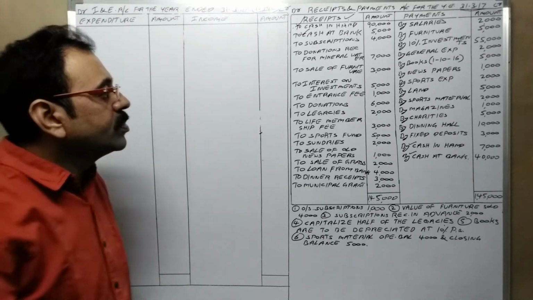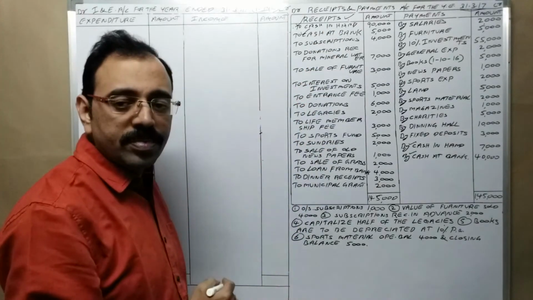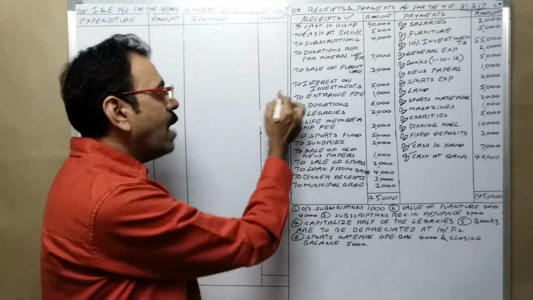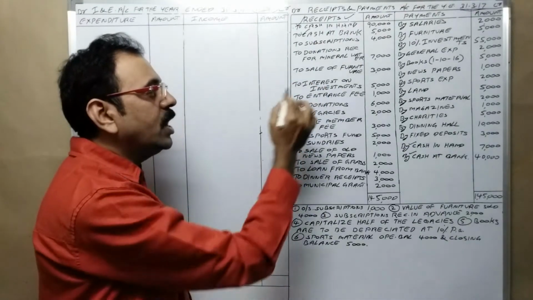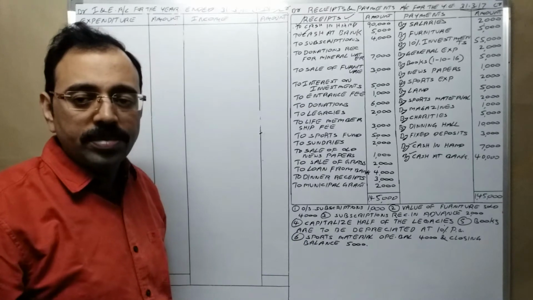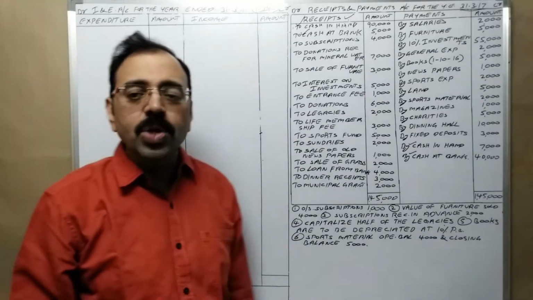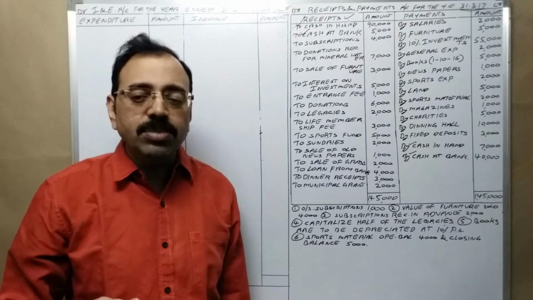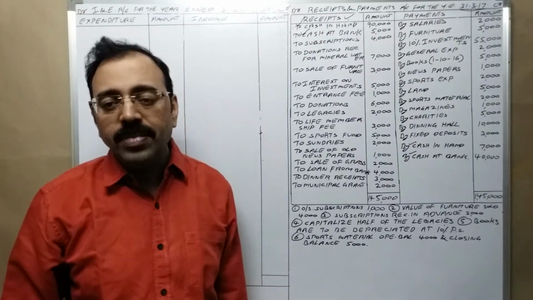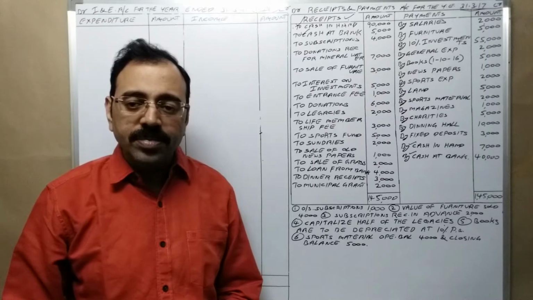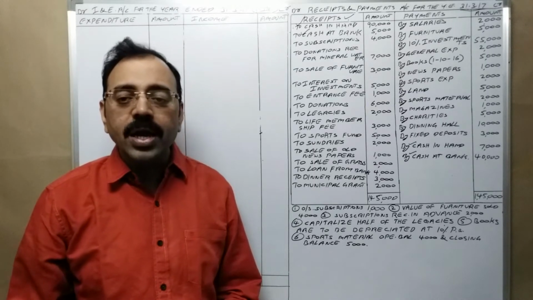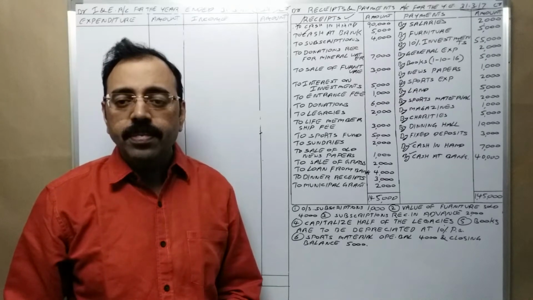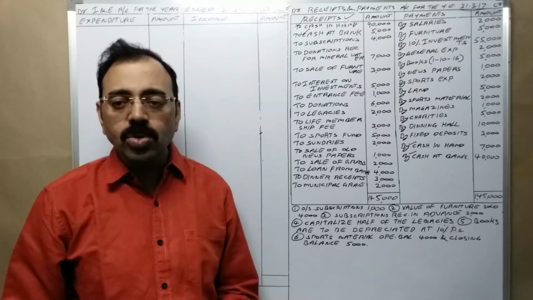Next, on the receipt side, we record capital incomes and revenue incomes both. In my previous video, I explained what is meant by capital receipt and what is meant by revenue receipt. Capital receipt is a non-recurring income, meaning that income rarely comes to us.